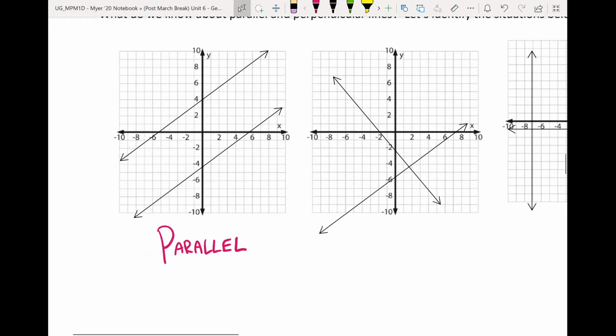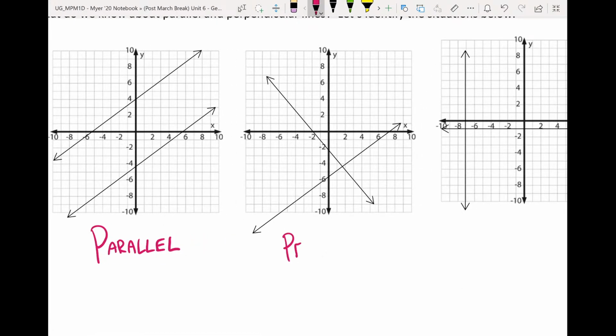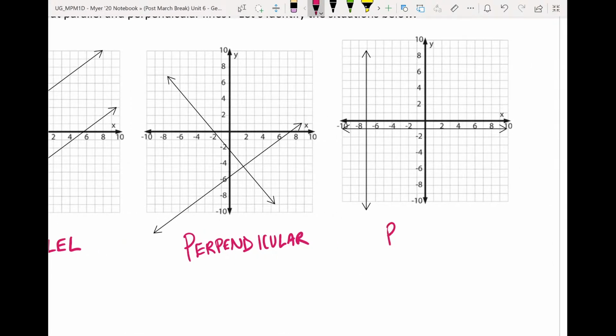What about these two? It should be pretty obvious, really. Perpendicular, and the last ones are also perpendicular.